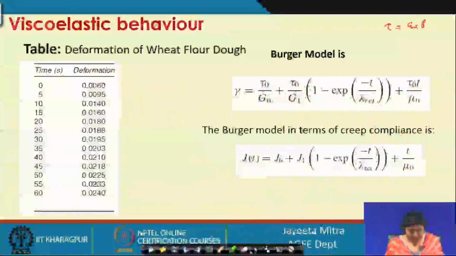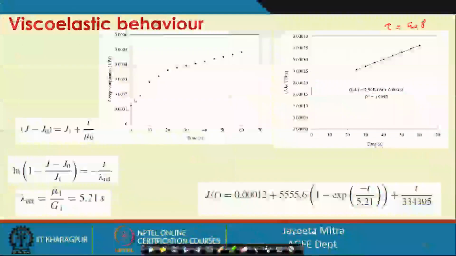And then what we will do, we will plot first the creep compliance with respect to time, and we can see that initially there is a curvature, an exponential increase, and then a little bit of straight section.